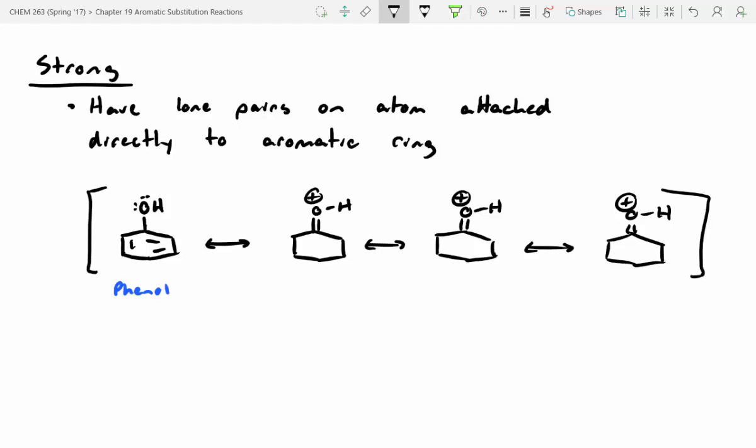And then if you think you got all the resonance structures, give me a thumbs up.